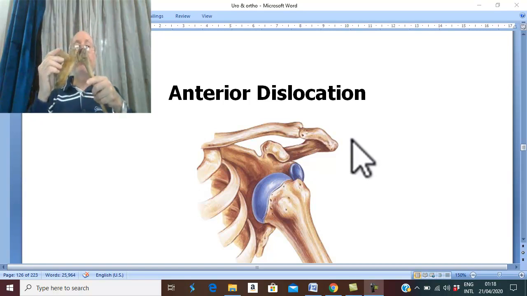This is extension of shoulder, abduction, and forcible external rotation.